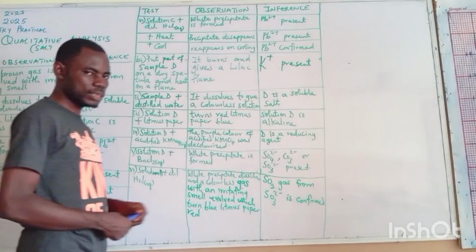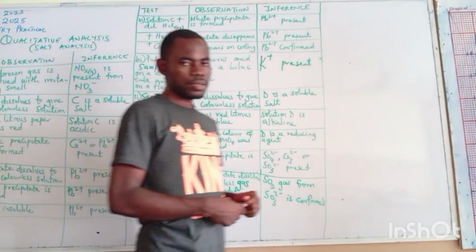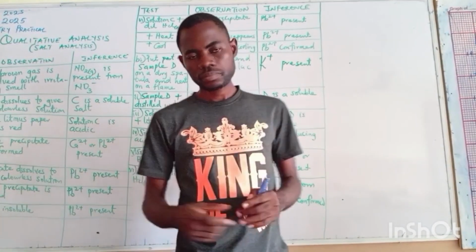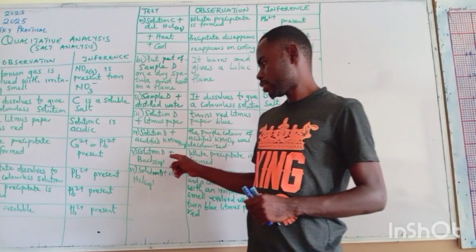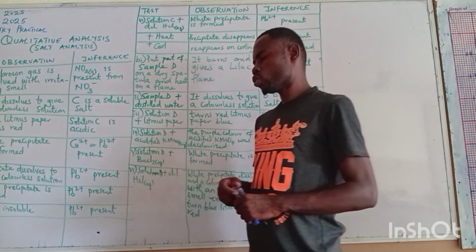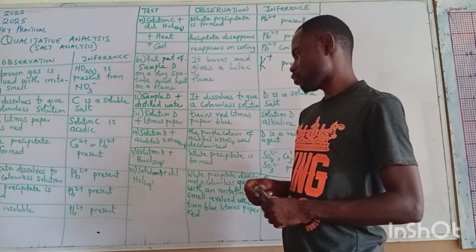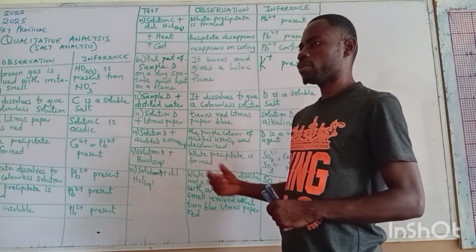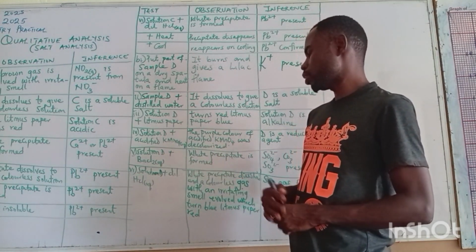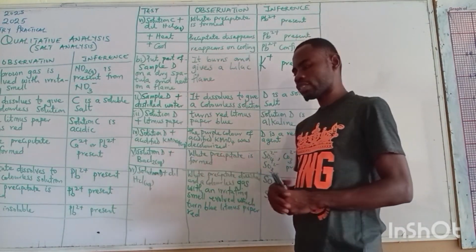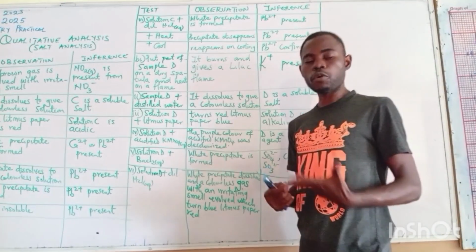Now the second portion, the one that we added barium chloride to. What we saw as our observation was that after pouring barium chloride into solution D, a white precipitate formed.